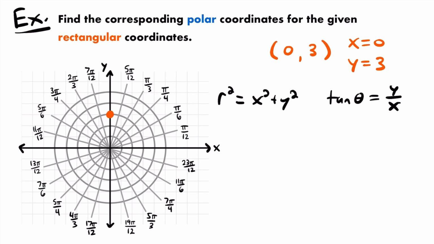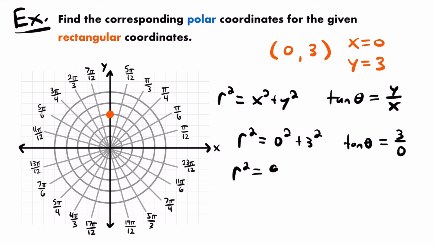All right, so let's plug in our values of x and y into these equations to solve for r and theta. So we'll have r squared is equal to 0 squared plus 3 squared, and tangent theta is equal to 3 divided by 0. Now 0 squared is 0, plus 3 squared will be 9, because 3 squared is 9. So we have r squared is equal to 9.